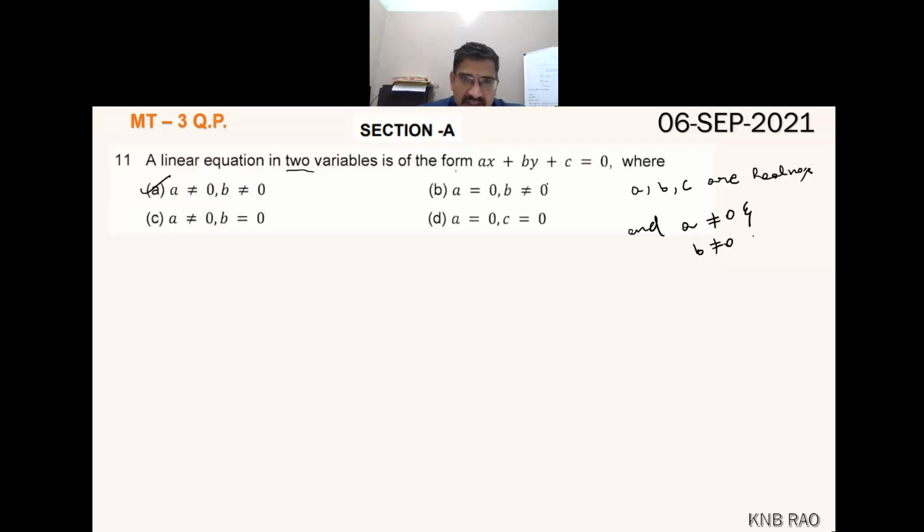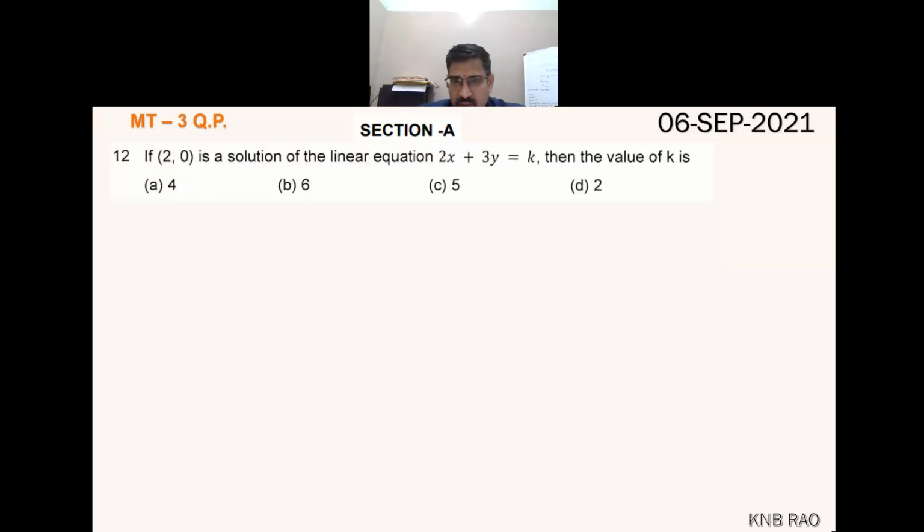Then moving on to the question number 12. If 2 comma 0 is a solution of the linear equation 2x plus 3y equals to k, then what is the value of k. See, when 2 comma 0 is a solution of this linear equation, that point should satisfy this linear equation on the substitution of those x value and y value.